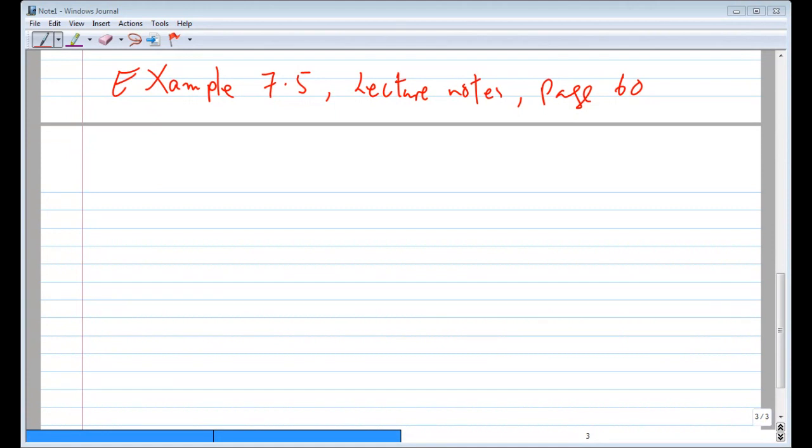How large a sample should be taken in a future survey in order to estimate the average income, which is the mean, with a bound of $500 on the error of estimation.